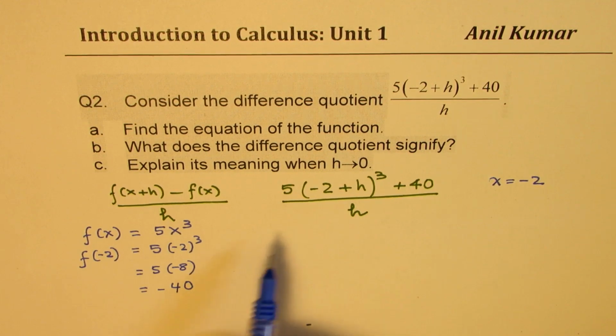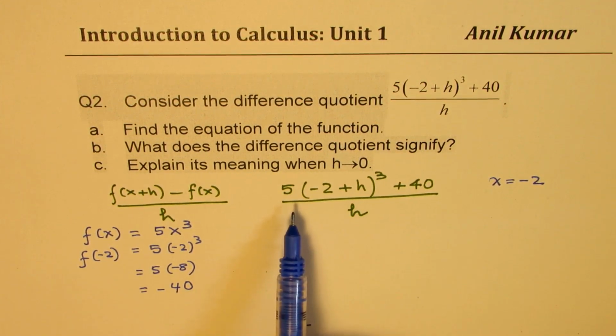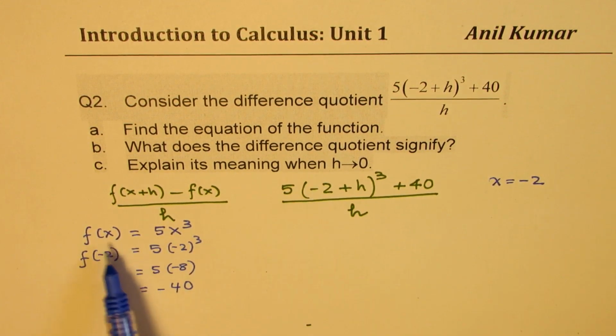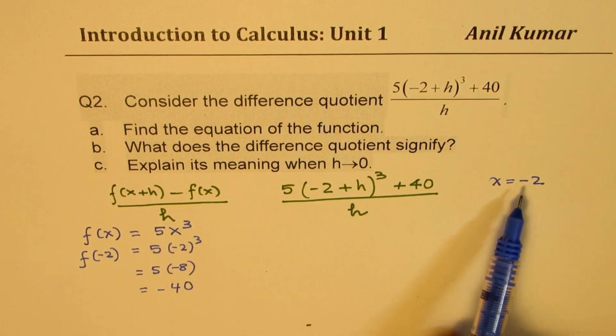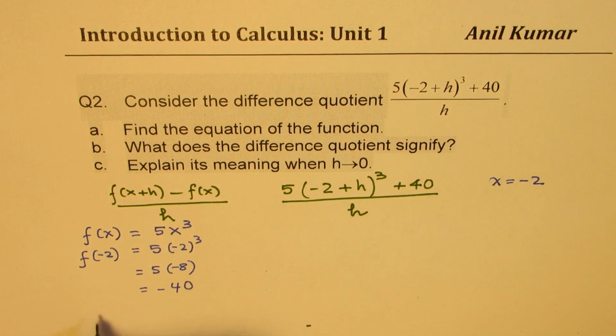So that means that we're trying to use the difference quotient for the function 5x cubed at x equals minus 2, or you can say at the point (minus 2, minus 40). Perfect? That is what we're trying to do. Okay? So we get the solution of the first one.